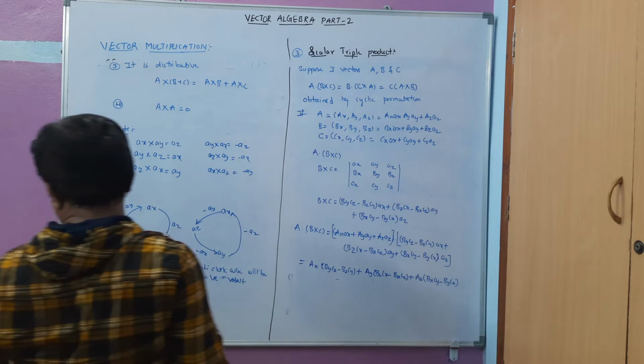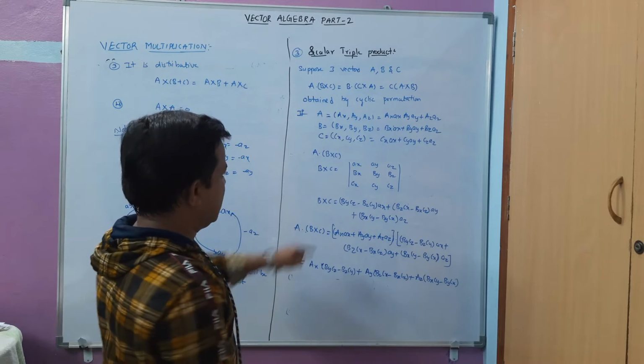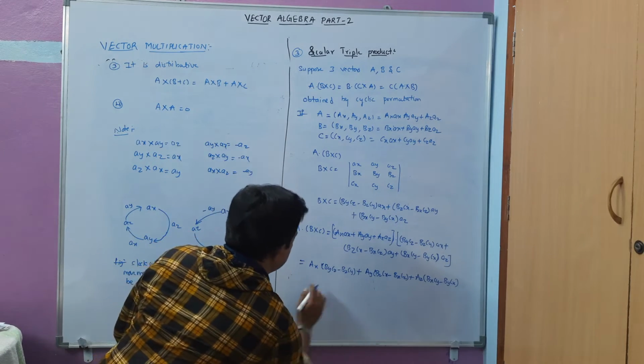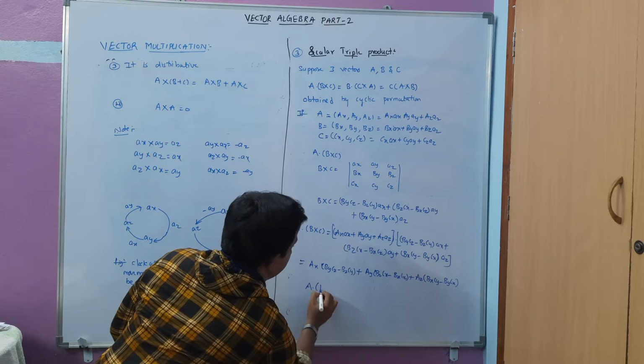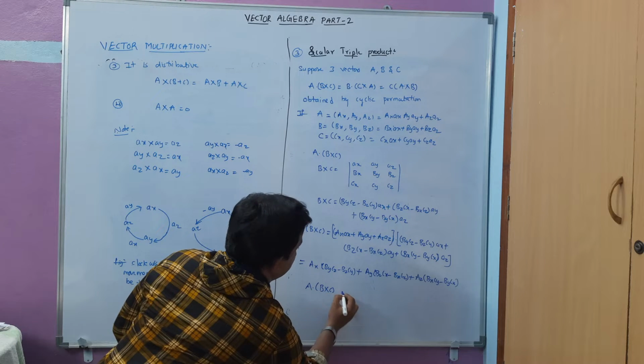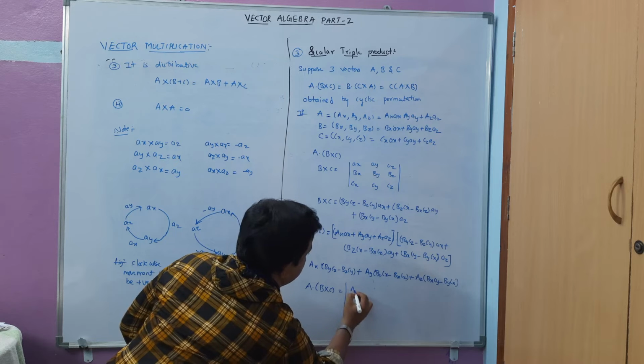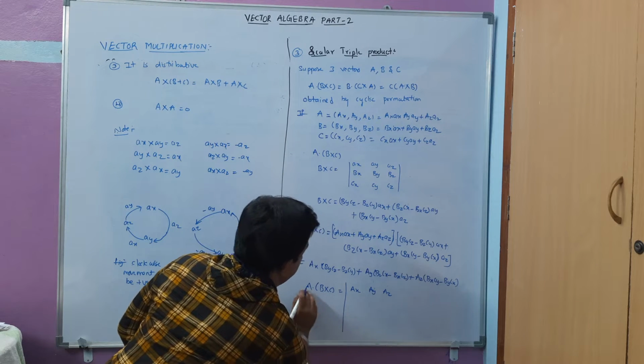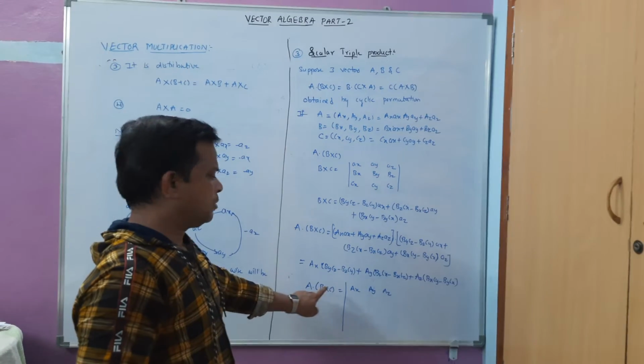So I can obtain this result directly like this, that is A dot B cross C is equal to the determinant of AX, AY, AZ. I have to take only the magnitudes here.